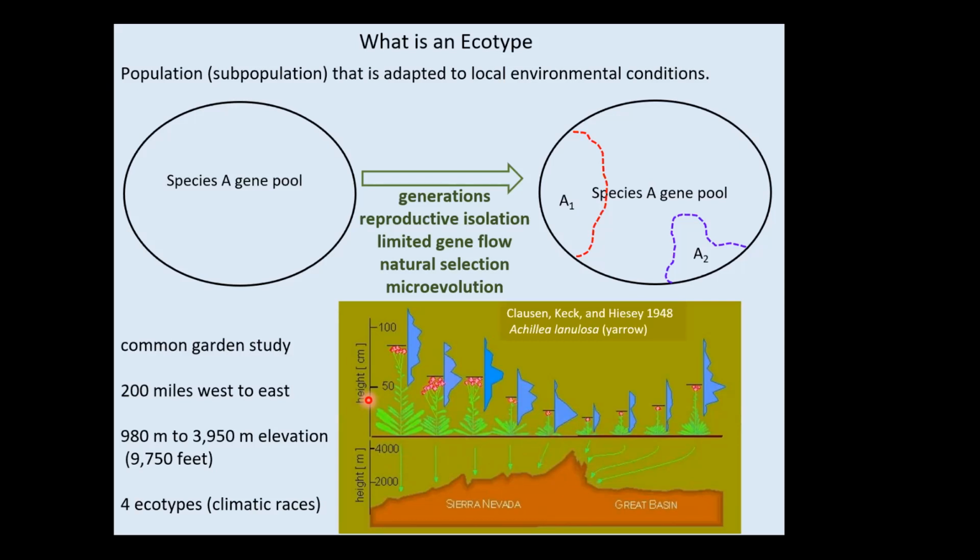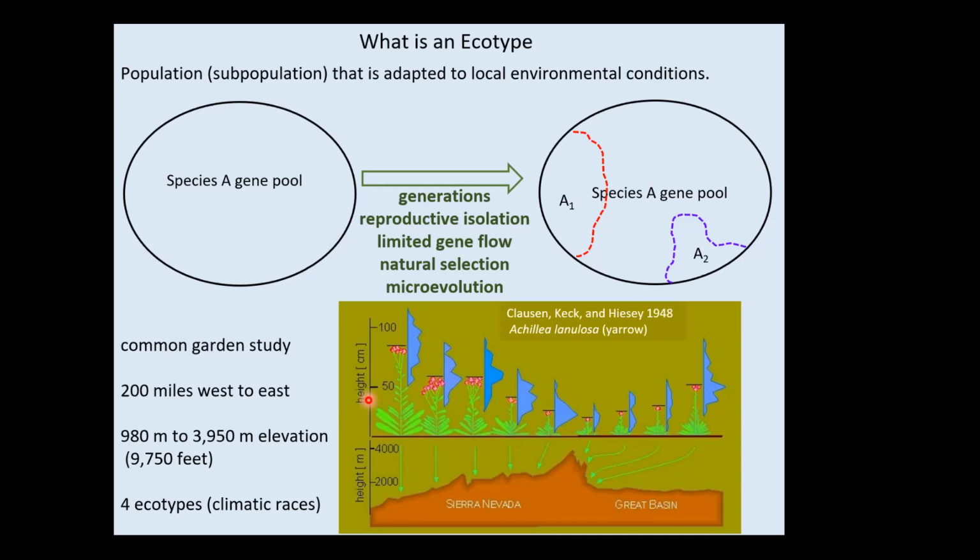That proves that the difference in height is due to the genetic differences in these populations. But if they all grow the same and look similar, then it's not an ecotype, it's probably acclimation.